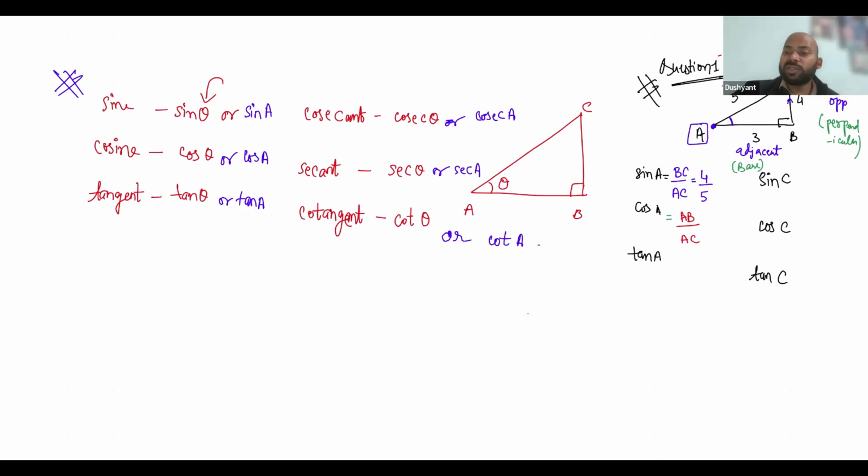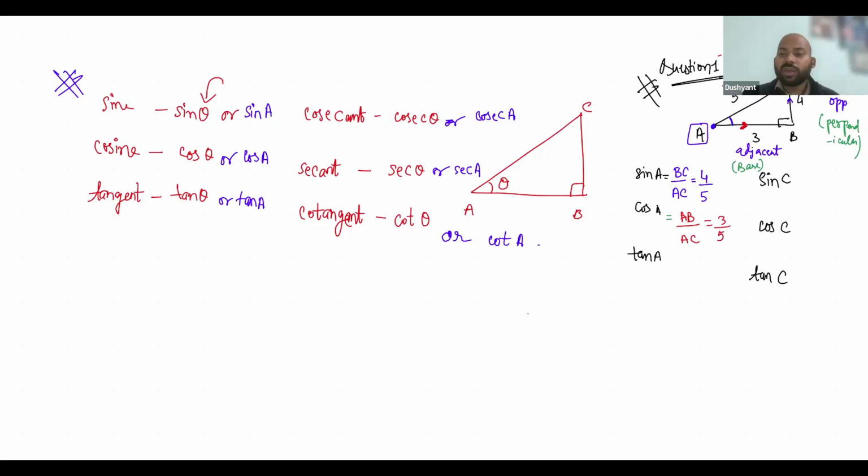AB, that is my adjacent side, and hypotenuse is fixed, that is my AC. So that's going to be AB over AC, which would be 3/5. Yes, that is 3 over 5, absolutely correct.